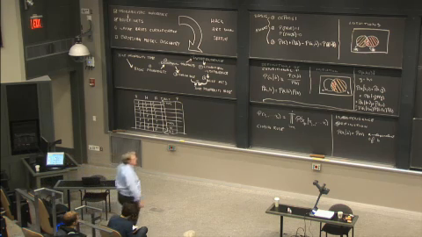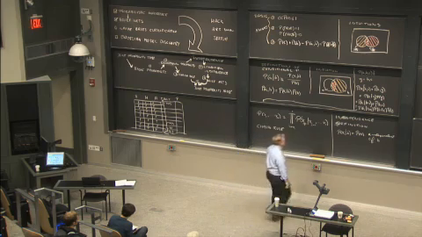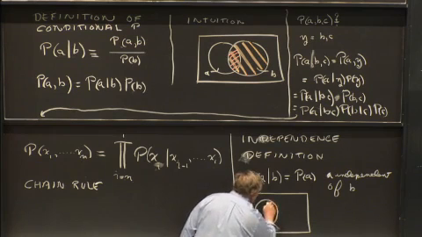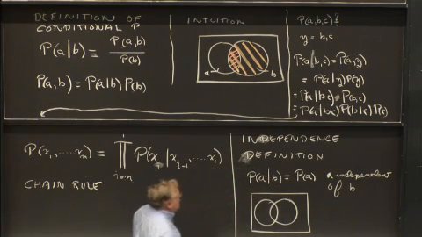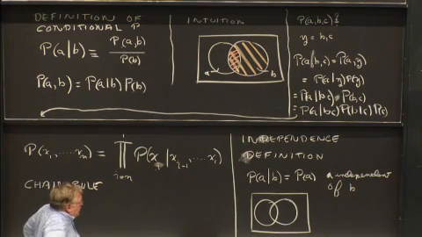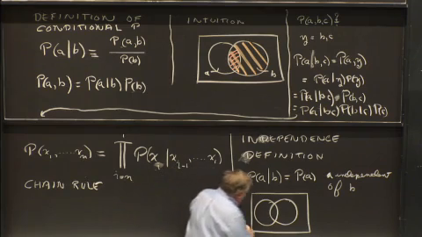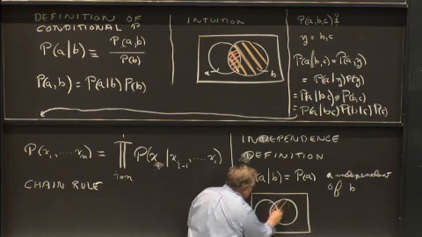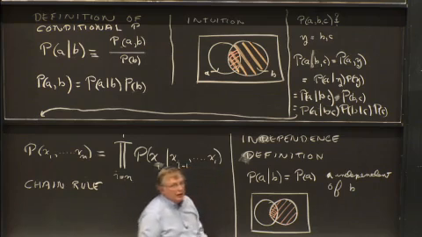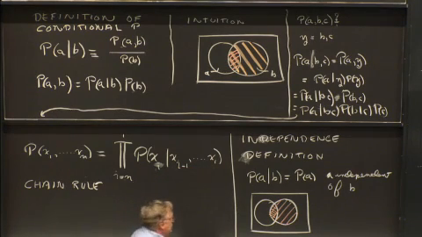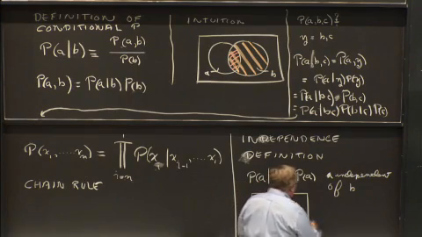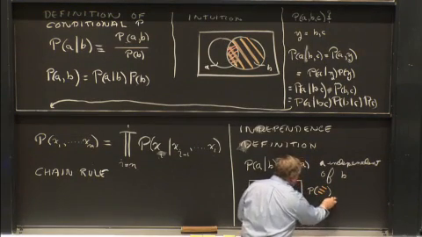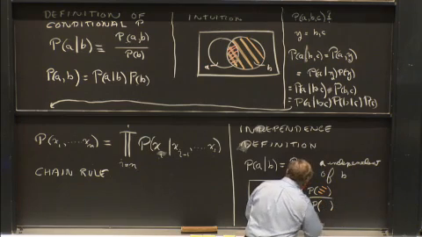So what does that look like if we try to do an intuitionist diagram? Well, let's see. Here's A, here's B. Now the probability of A given B, well, let's see, that must be this part here divided by this part here, right? So the ratio of those areas is the probability of A given B. And so that's the probability of this way divided by the probability of both ways.